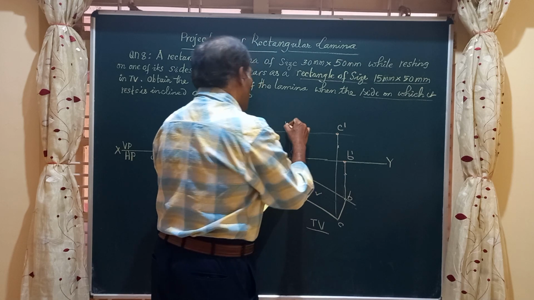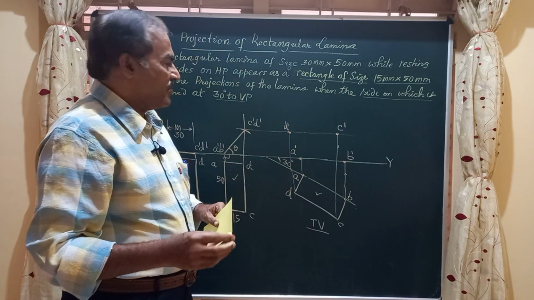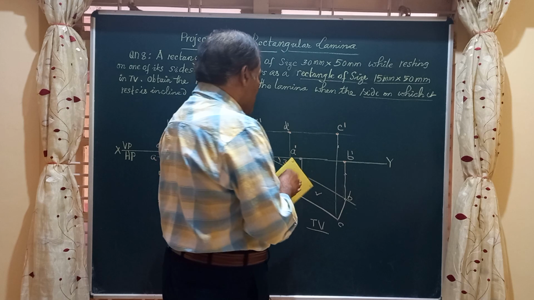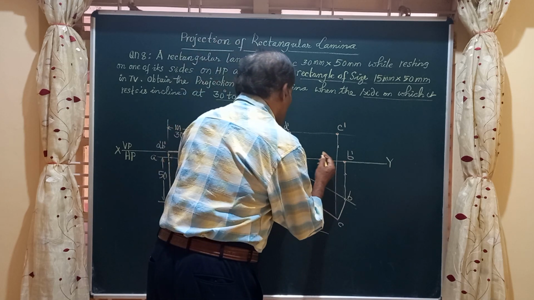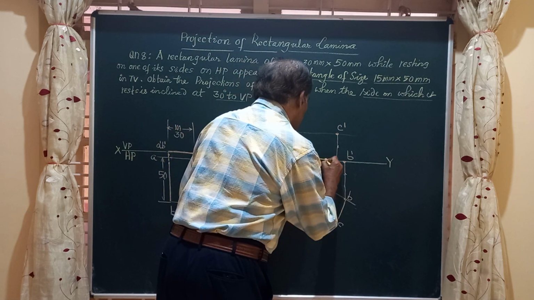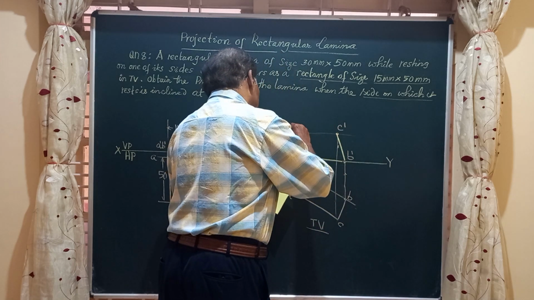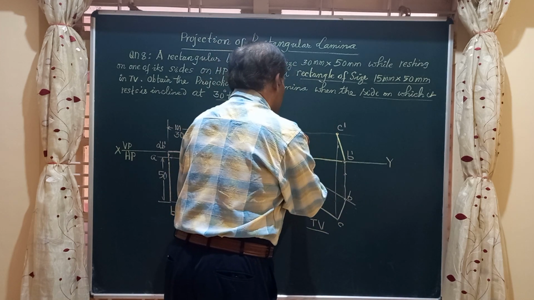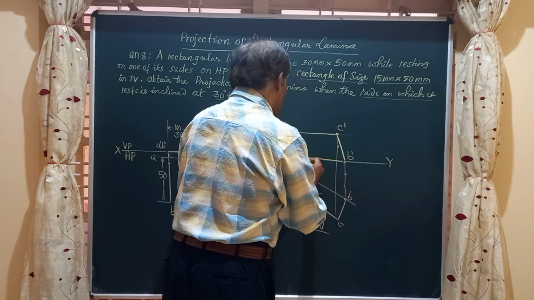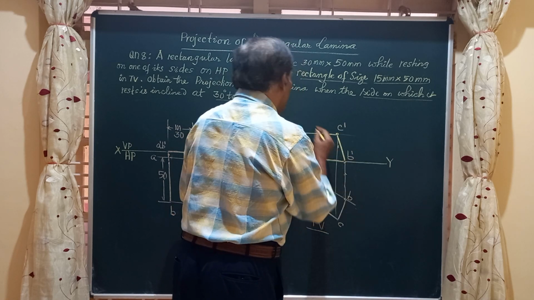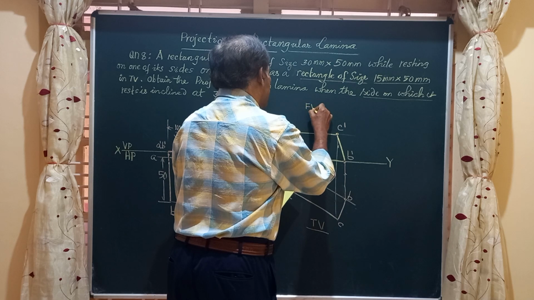Friends, we got all the four corners of the lamina in the front view. Join them by straight lines. So I am going to join A dash to B dash, B dash to C dash, A dash to D dash, and C dash to D dash. So I have got the front view of the lamina finally.